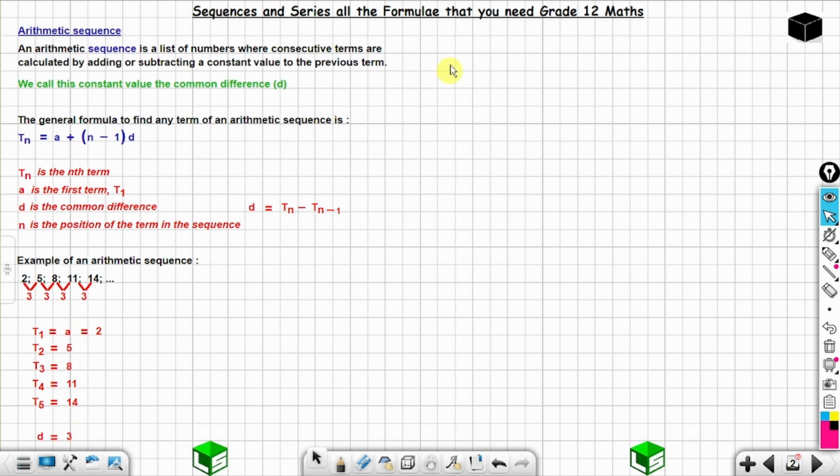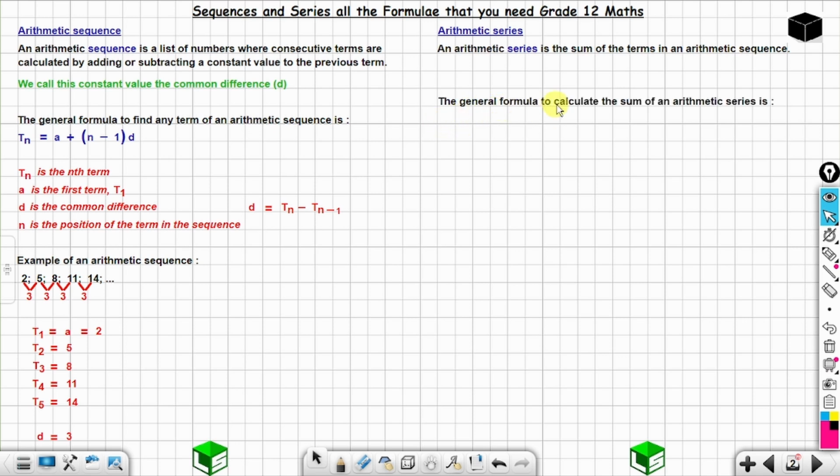Now, arithmetic series. An arithmetic series is the sum of the terms in an arithmetic sequence. The general formula to calculate the sum of an arithmetic series is, you can use this formula or this formula.